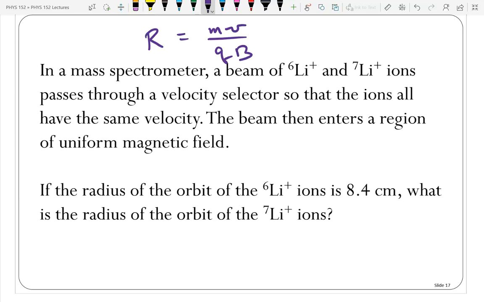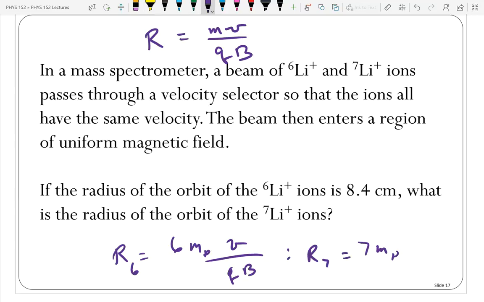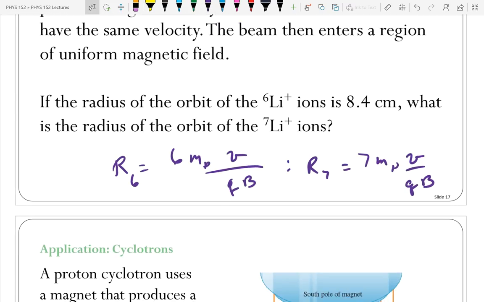Well, radius of 6 is 6 mass of a proton times v over qB. And radius of 7 is 7 mass of a proton times v over qB. And so the ratio of the radii is, of course, going to be 6 to 7. So it's a very quick and simple solution to see how the radius is going to change.